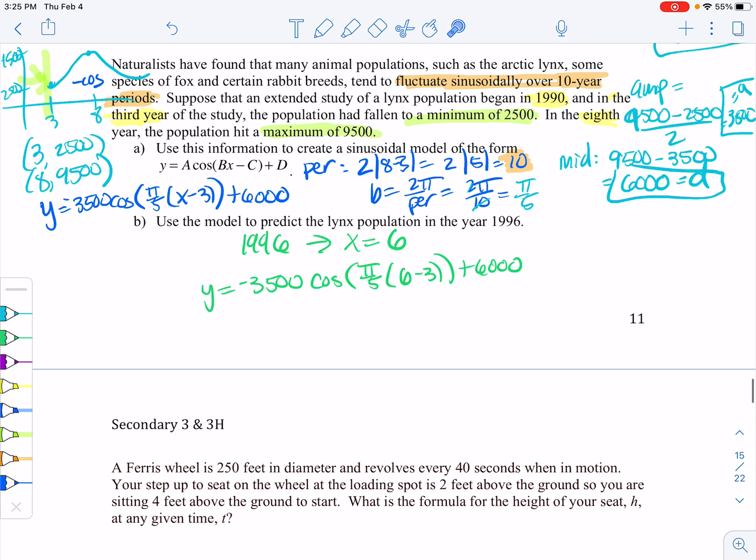Okay. So when you plug that into your calculator, you should get 7081.559. Okay. So really, since we're talking about a population of animals, right, there's not portions of animals that we're referring to. So we're going to estimate that the population of lynx in 1996 is 7,082.